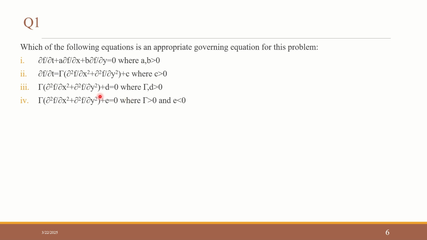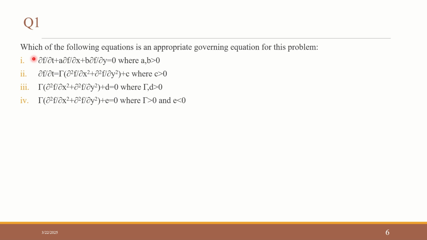So we have 3 and 4 as our requirement, whereas 1 and 2 have something like dou f by dou t. This is not present in our equation, because the source term is given as a constant, and therefore we can ignore statements 1 and 2. So the third and fourth equations are in our desired form.